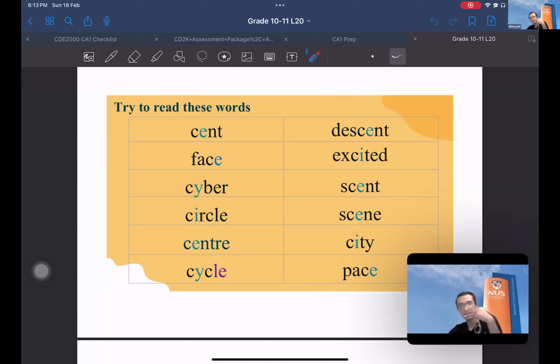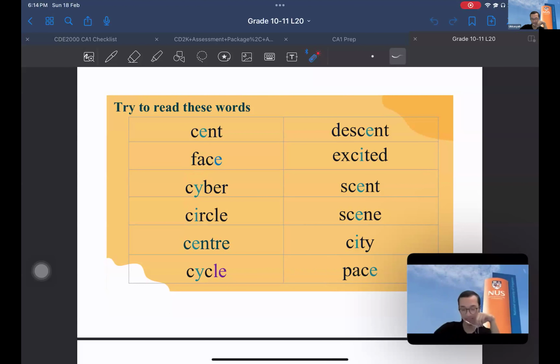So it's a misconception to think that if there is a consonant after the C, any consonant, the C must be a hard C and you pronounce it with a K. That's a misconception that you have to take note of, because Y is also a consonant, and the C that comes before a Y is pronounced just like an S, so it's cyber in this case.